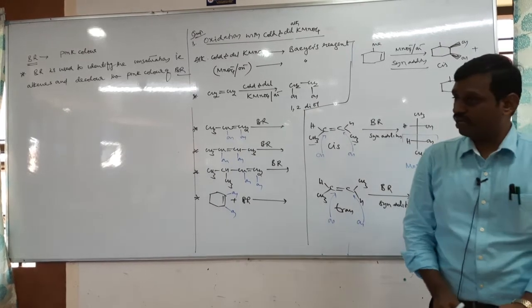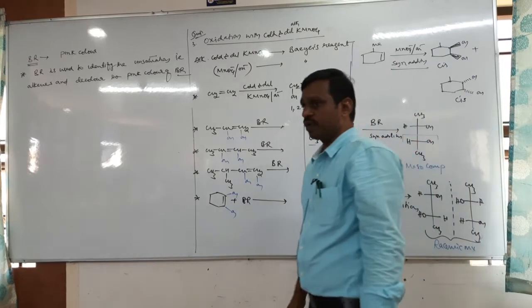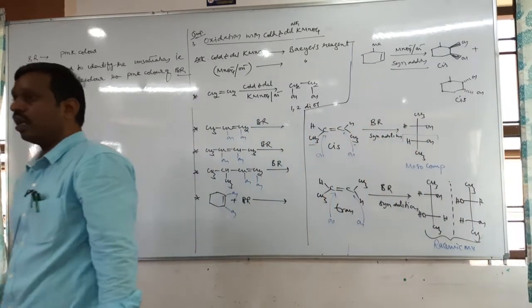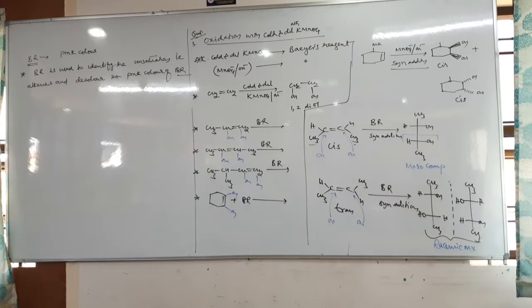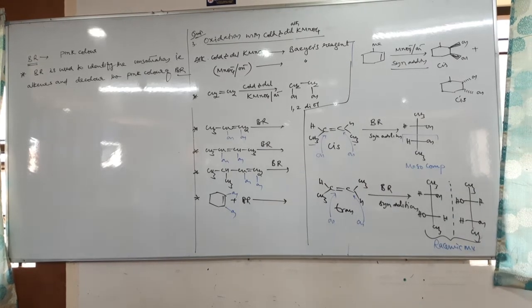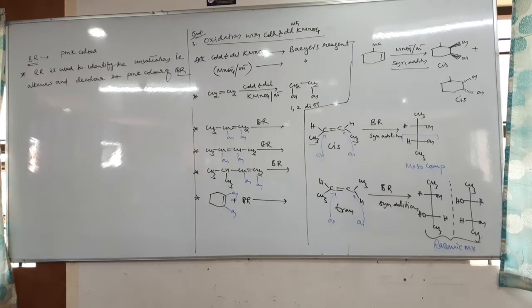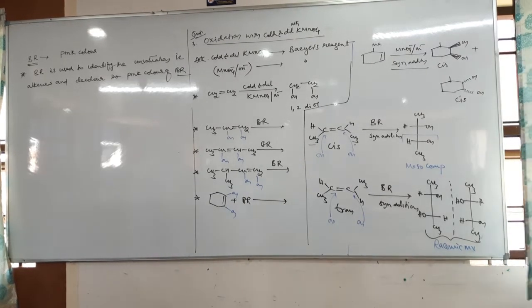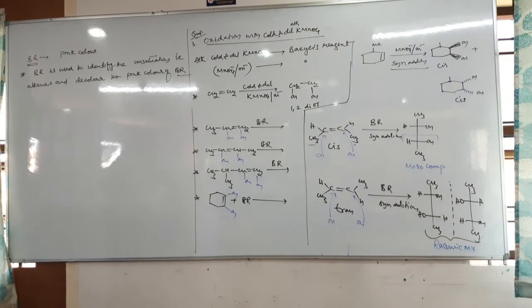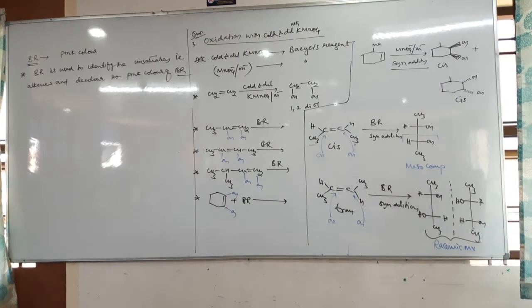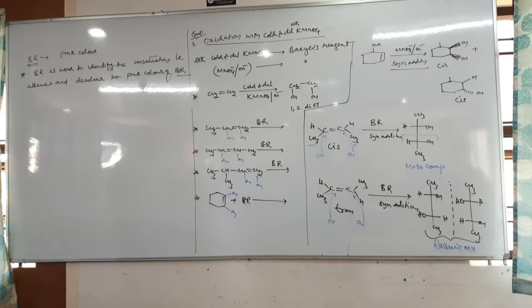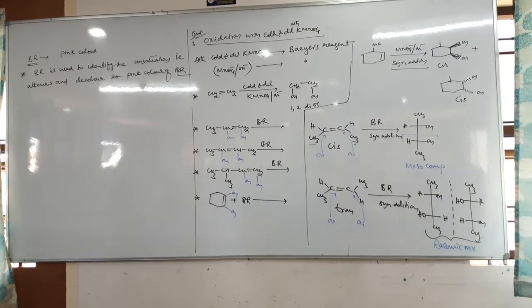Can alkane decolorize the bromine water? No. Can alkane decolorize the Bayer's reagent? No. Only unsaturated compounds. Even cycloalkenes are possible, it must have a double bond. Alkene, alkyne or any organic compound having carbon-carbon double bonds, even carbon-carbon triple bond, can give this unsaturation test. Okay, so this is the importance of Bayer's reagent.